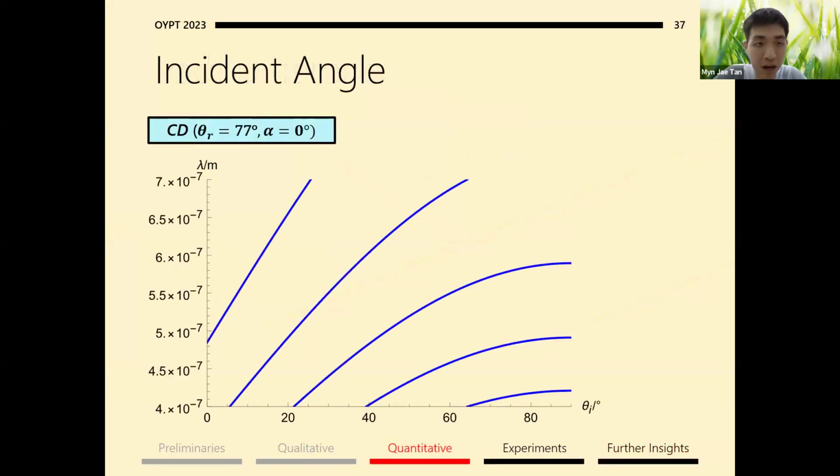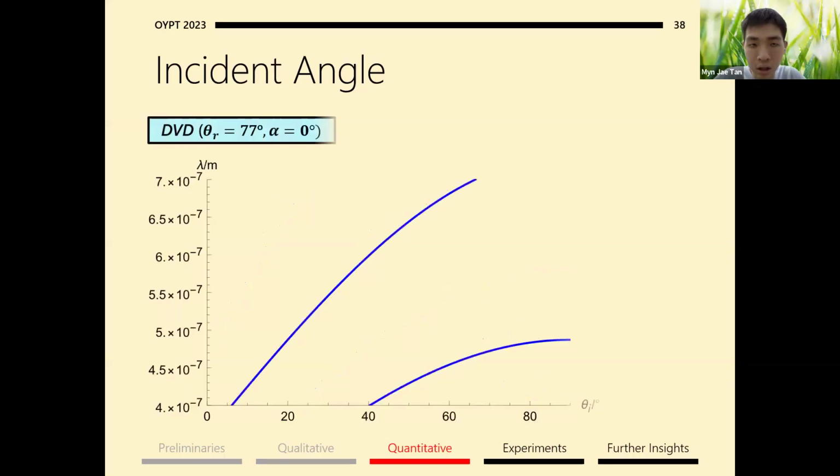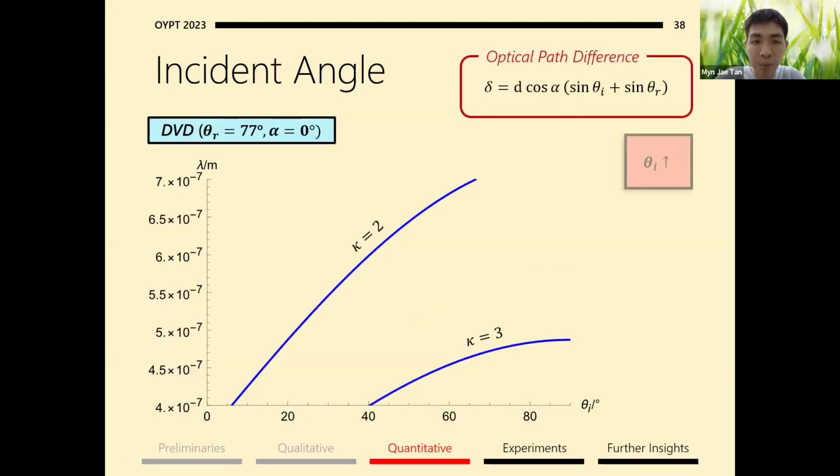Next, let's look at how the peak wavelength that undergoes constructive interference depends on the incident angle of the disk. In this case, each line here represents a different order of diffraction. And we also see a similar trend for the DVD. To explain why, we can use the path difference equation.